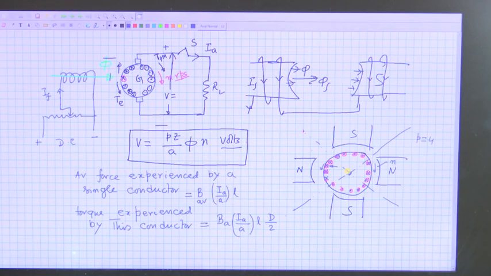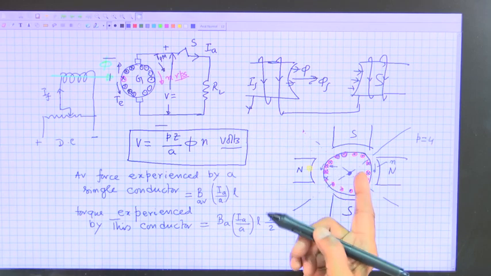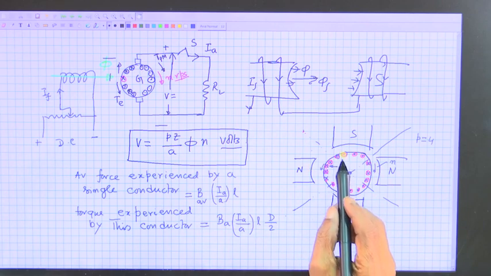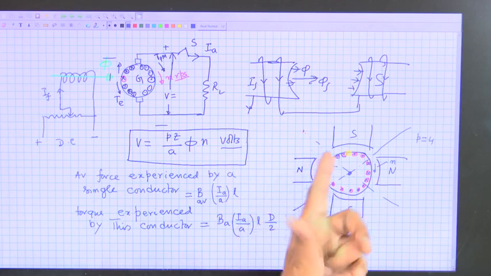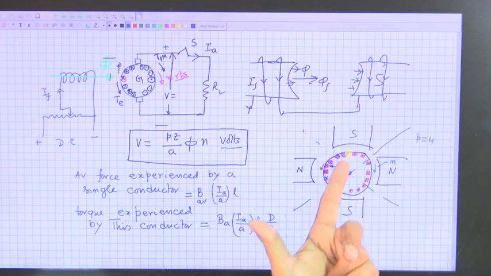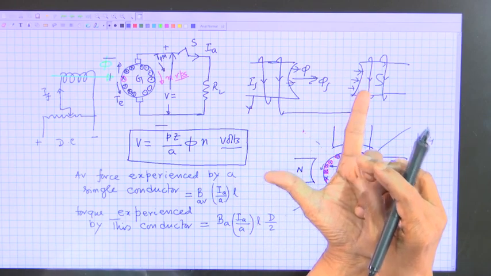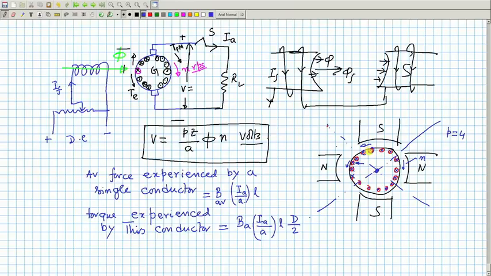The interesting point is that it is true for all the conductors. If it is here under the south pole, it will once again see the same B average. And what will be the direction of the force on this conductor, dot, south pole? Left hand rule: the forefinger is the direction of the current, and it will also experience a force like this. What will be the torque contributed by this conductor?